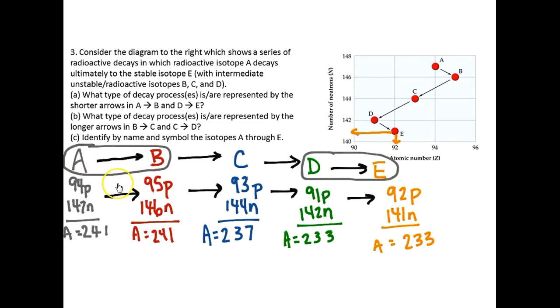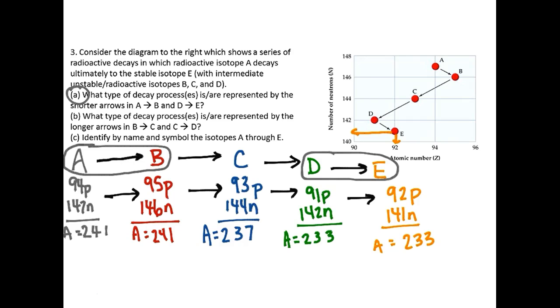We're going from 94 to 95 protons, so the number of protons is going up by 1. The number of neutrons is going down by 1. So it looks like we have a neutron being converted into a proton, which is definitely beta emission, right? So the atomic number goes up by 1, the mass number stays the same. That's also true here. We have 91 protons going to 92 and 142 neutrons going to 141. So a neutron must have converted into a proton. So that is beta emission.